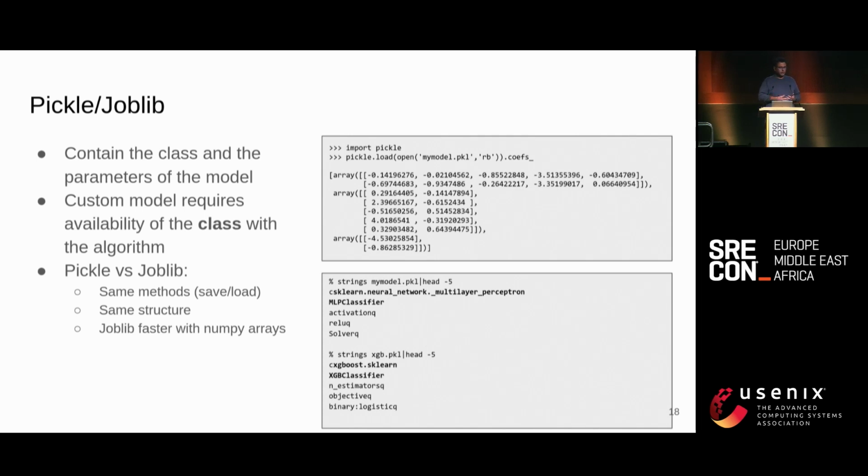It's a nice way to serialize your data together with a declaration of the class that it will evaluate when you load this. Of course, it's not very safe to evaluate a class that you do not control. So it's not advisable to load and evaluate third-party joblib or pickle dumps.